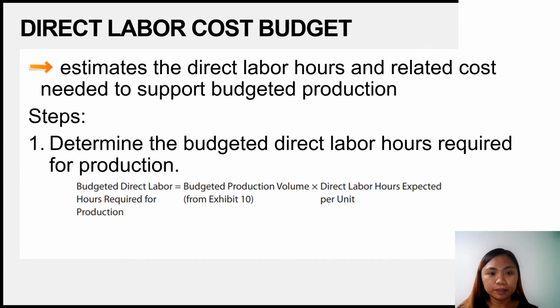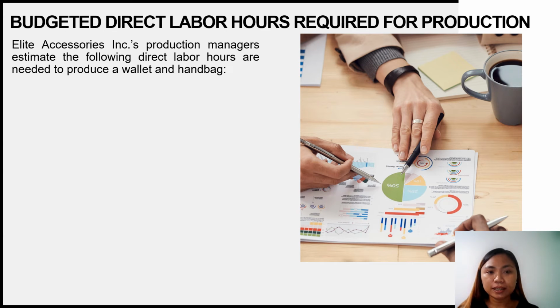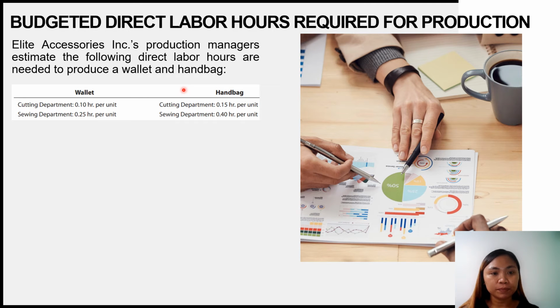To illustrate, Elite Accessories Incorporated's production managers estimate the following direct labor hours are needed to produce a wallet and handbag. For the wallet, 0.10 hour per unit is needed in the cutting department and 0.25 hour per unit is needed in the sewing department.